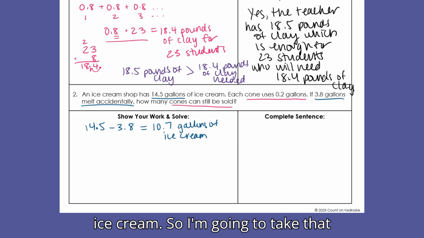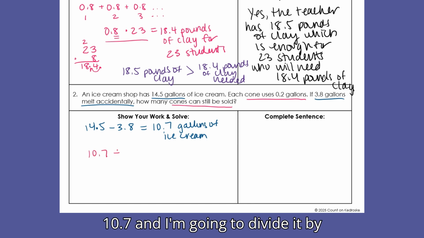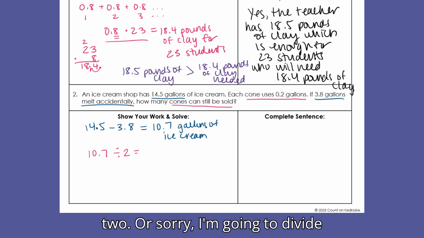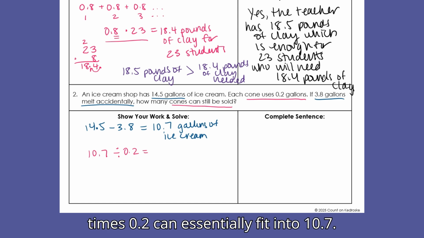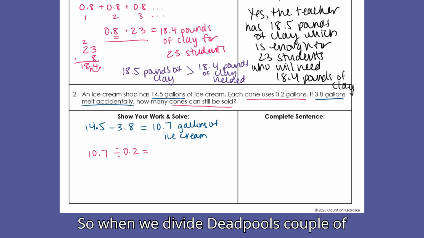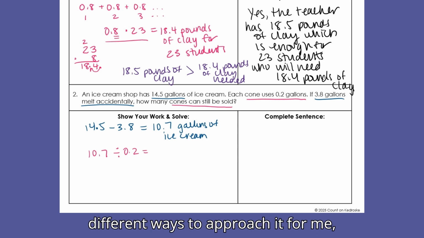So I'm going to take that 10.7 and I'm going to divide it by 0.2. So I want to see how many times 0.2 can essentially fit into 10.7. So when we divide decimals, there are a couple of different ways to approach it.